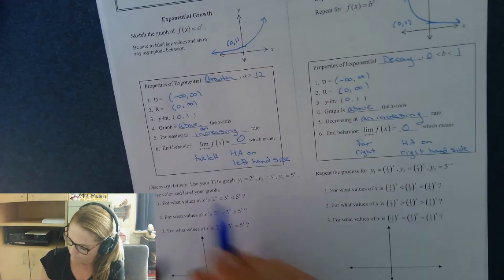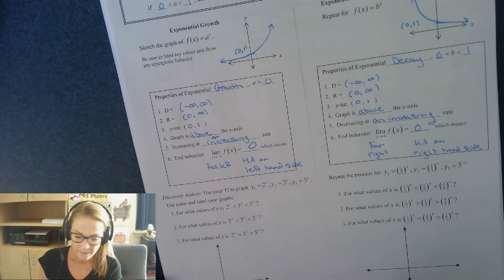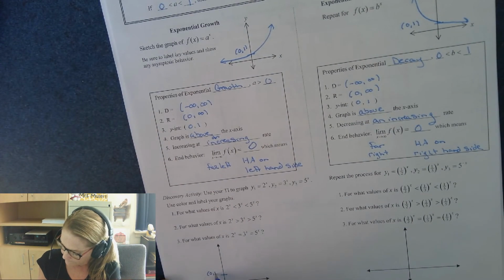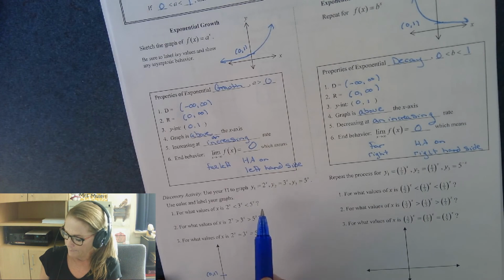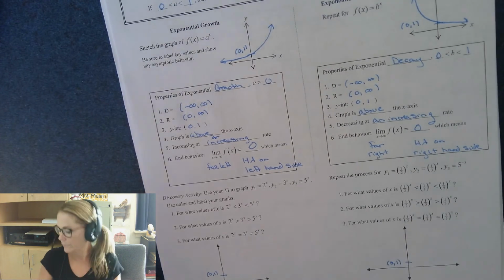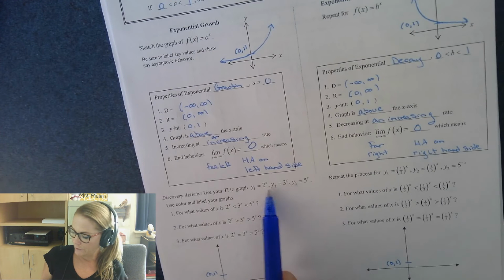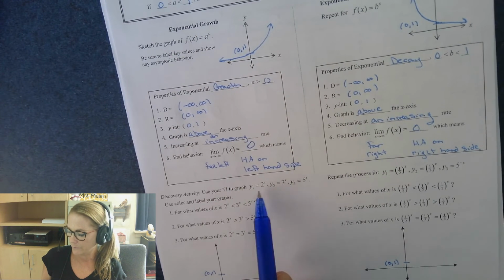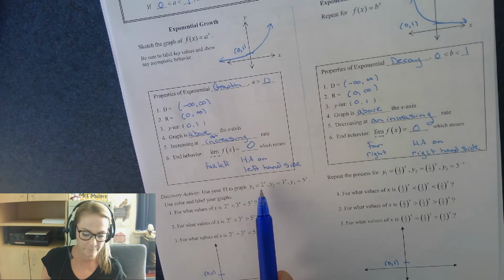Okay, and then just some graphs here, a discovery activity. These are all going to have the same y-intercept right there. But this one's just going to be steeper, this one is going to be in the middle, and this one's going to be the less steep one.